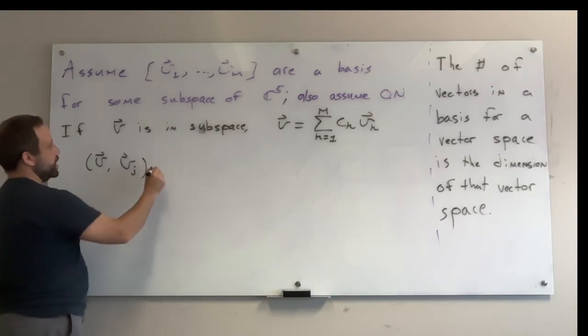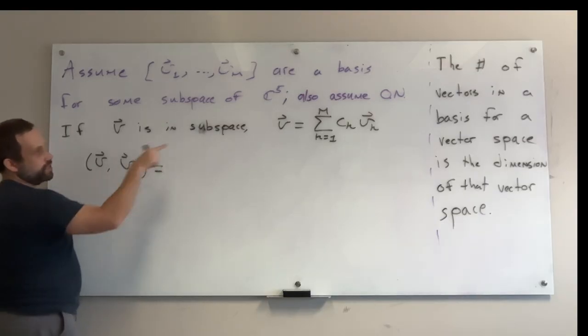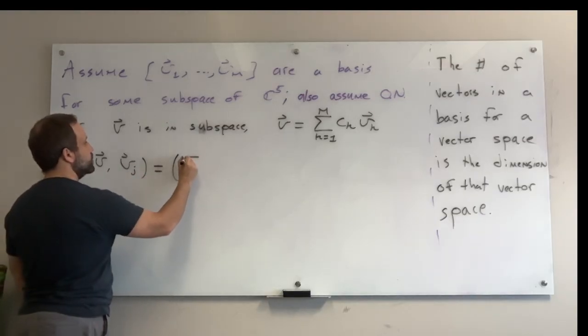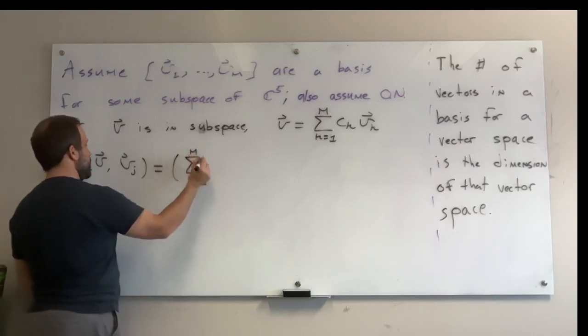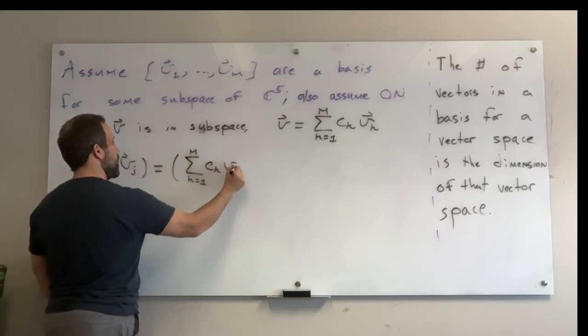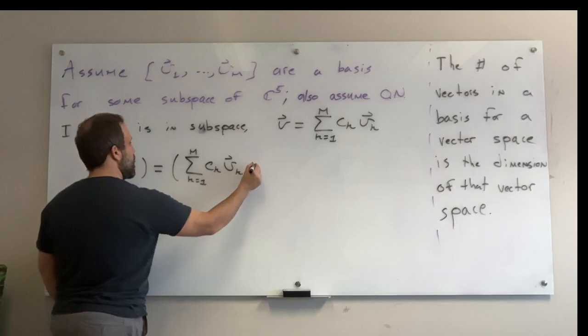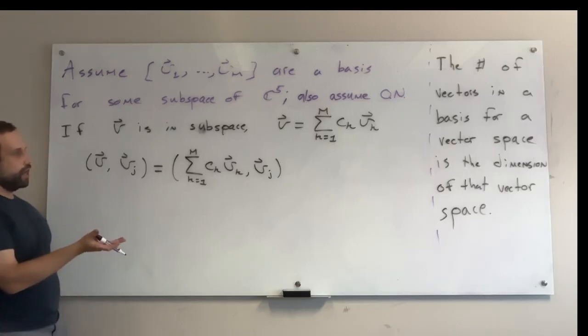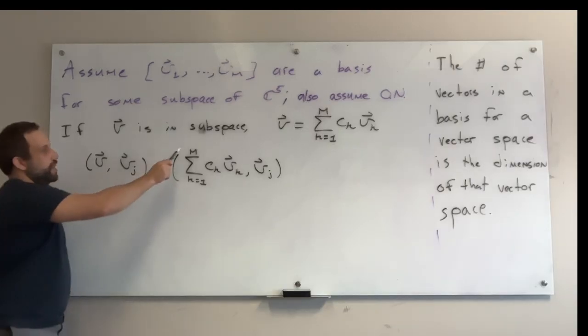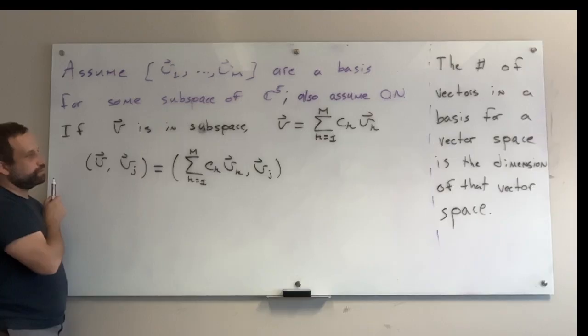What am I going to get? Well, V is equal to that, so I can just write the sum k equals 1 to m of ck vk, vj. Because this sum is just another way to write V.